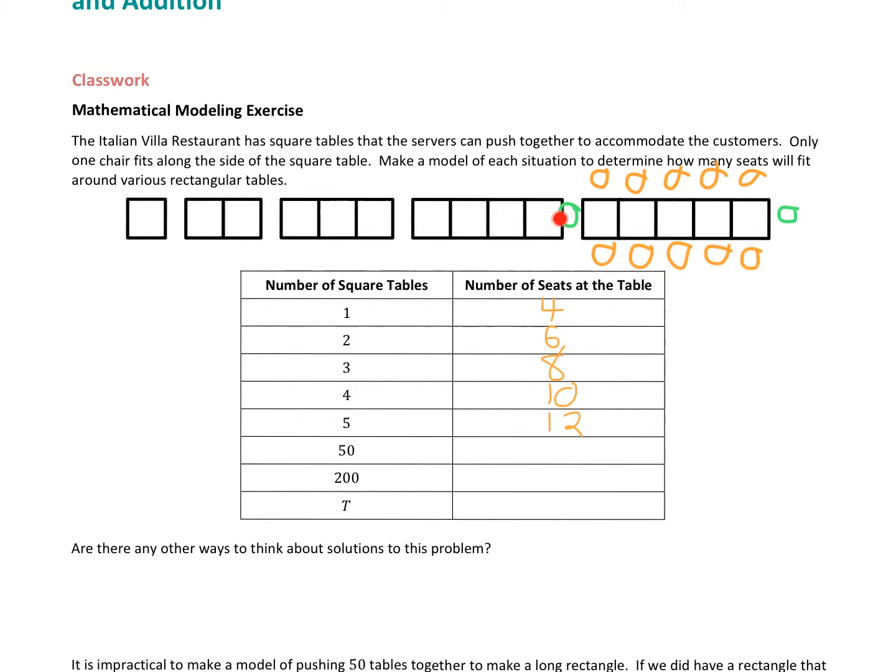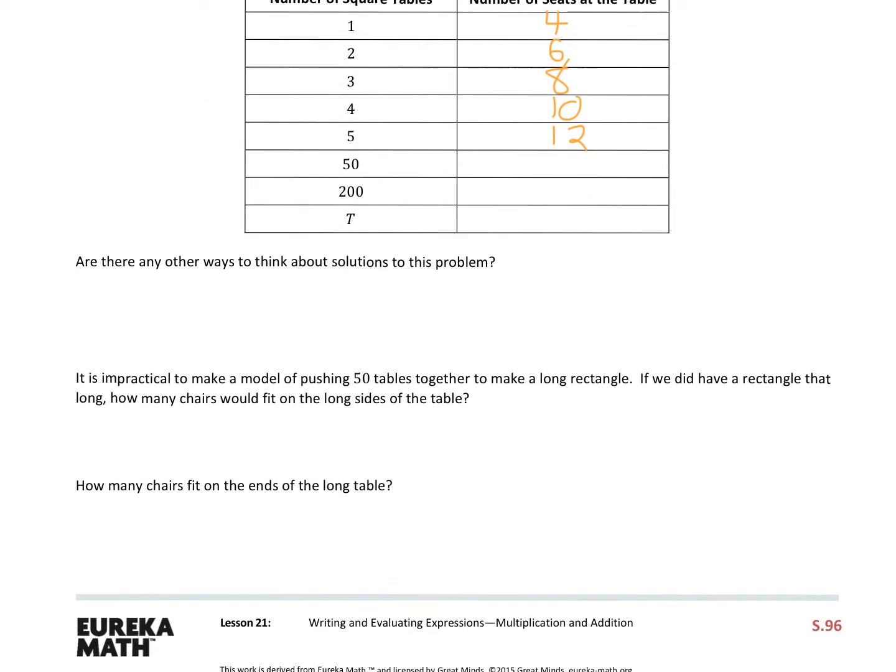But then you always have two people on the ends. So if you had a long table and there were 50, that would mean there's 50 people up here, 50 people down here, and then you'd have two people on the ends. So how many chairs would fit on the ends of the long table? Well, that'd be the 2.